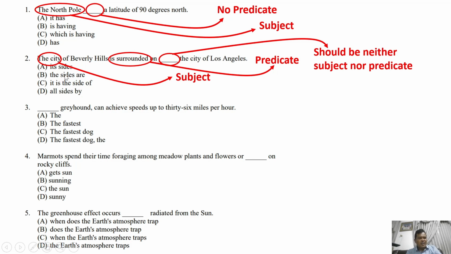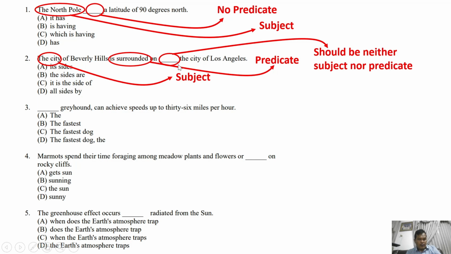Now 2 options are left, A and D. When we choose A to complete this sentence, we are going to have 2 noun phrases, its sites and the city, and there is no marker to separate them.